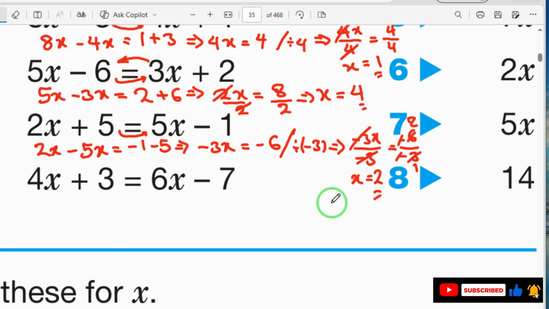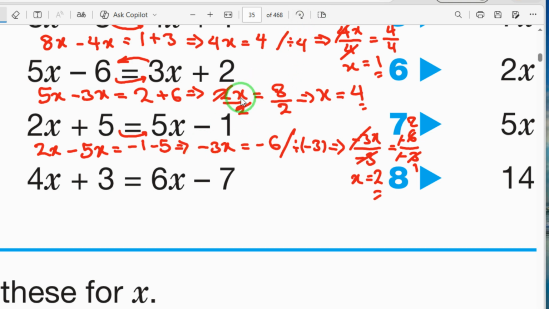Question number 4. Here we write 4x itself and we bring 6x to the left side, become negative minus 6x equal to minus 7, and we carry this positive plus 3 to the right side, become negative minus 3.